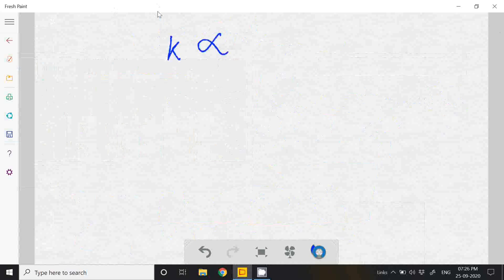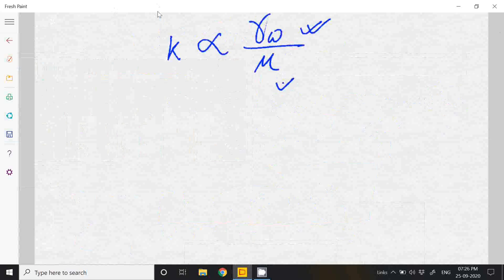K is proportional to, please write this down, this is the unit weight of water and this one is the viscosity, isn't it?